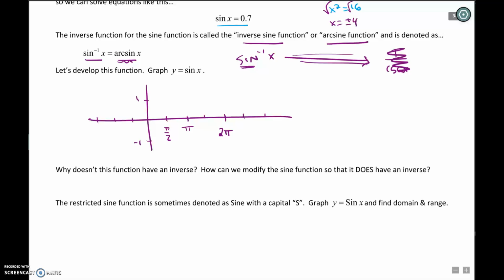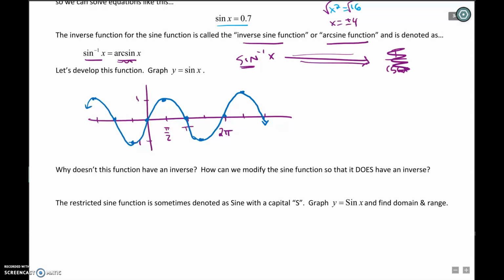Sine starts at 0, so 0, up, down, down, up, down. And we get a nice smooth curve for it. Ooh, it's looking kind of bad. I'm going fast. I don't know how long these videos are going to end up being, but we'll just go with it.